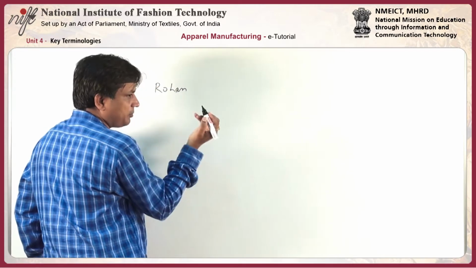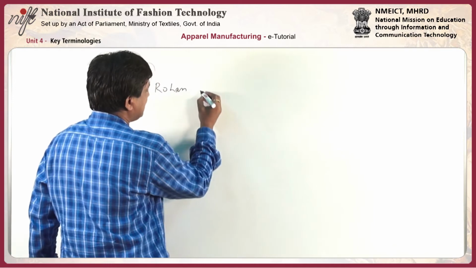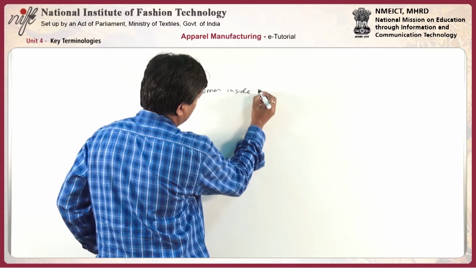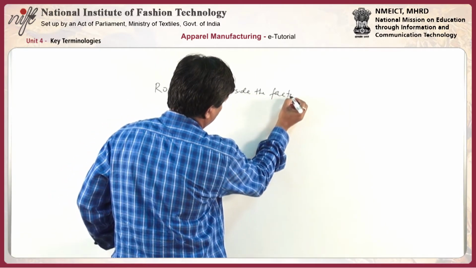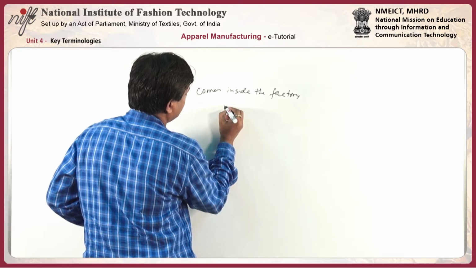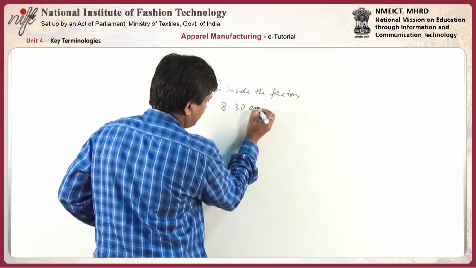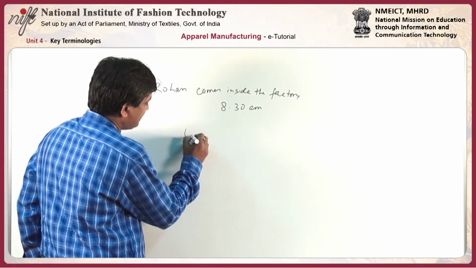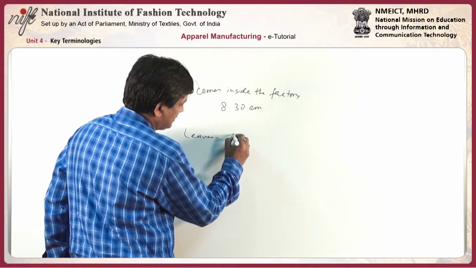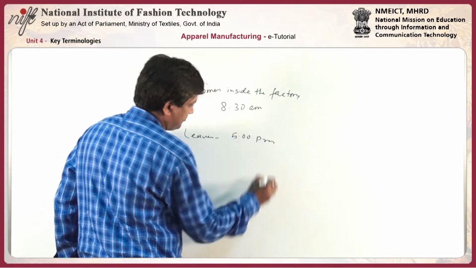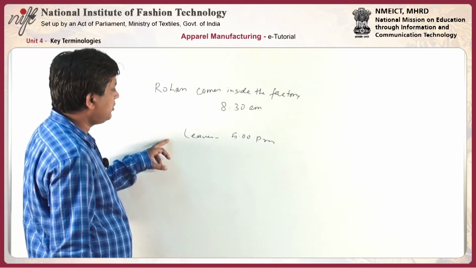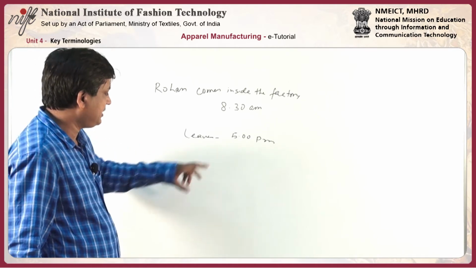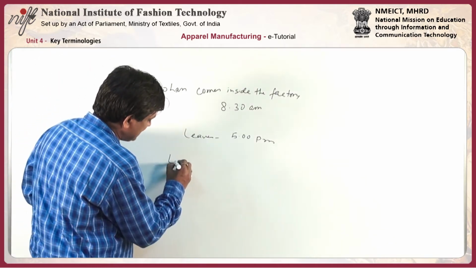So we take the example of Rohan as an operator, a sewing operator. He comes inside the factory at 8:30 a.m. and he leaves the factory at 5 p.m. There is an assigned lunch break.